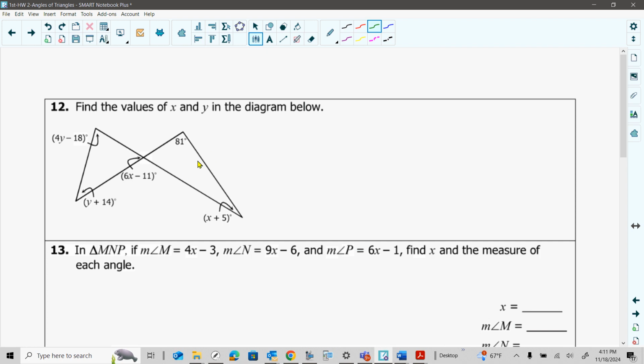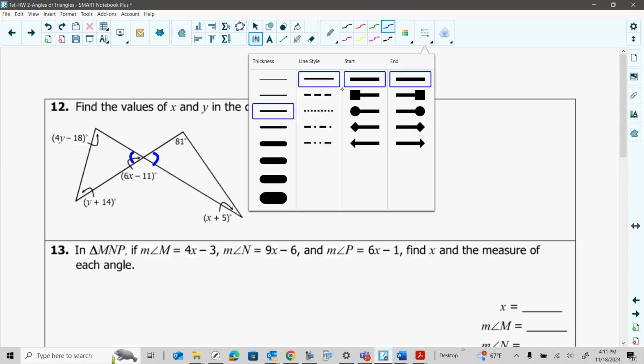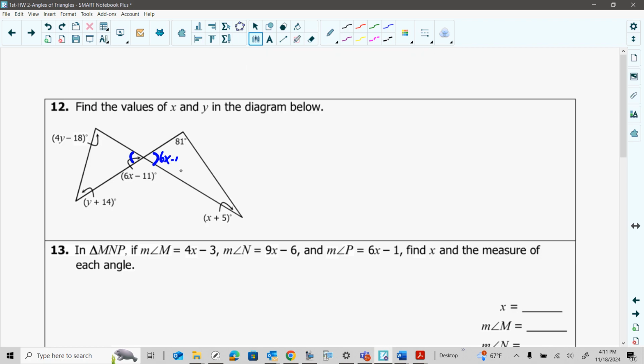All right, so understand these are vertical, and now this expression, this 6x minus 11, is in this triangle. So first find your x, using the triangle sum. Find it, plug it in, and then you can find your y.